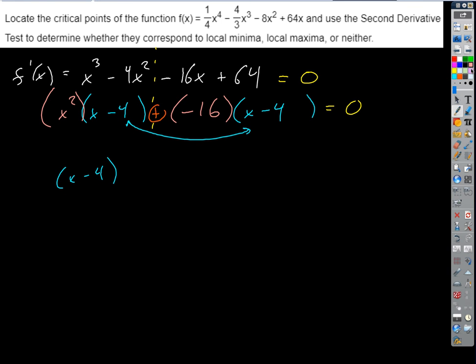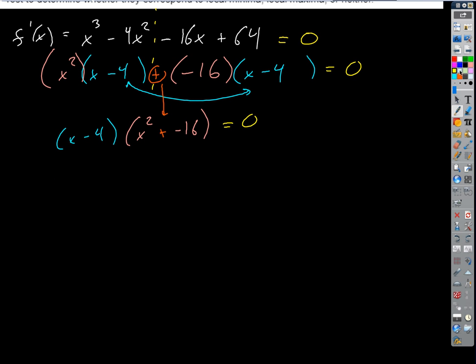And then we're left with x squared plus negative 16, right? So we end up with the equation x minus 4 times x squared minus 16 equals 0.